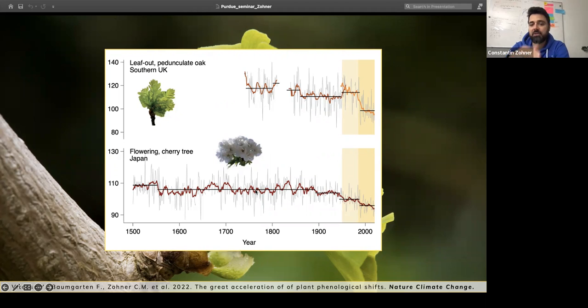Of course, there is large interannual variation, but on average, flowering has been rather stable in these cherry trees. And now we see these rapid advances in flowering times. And the question, of course, is whether that is going to continue in the future, or will there be other factors that might counteract these advances? And the upper panel shows that the same is true for European oak trees, where we see these drastic advances that are happening over the past decades.